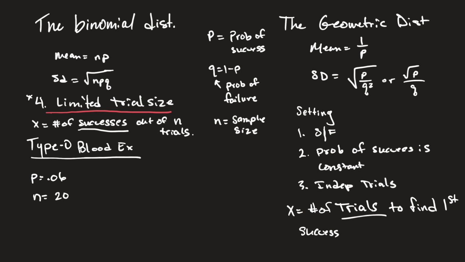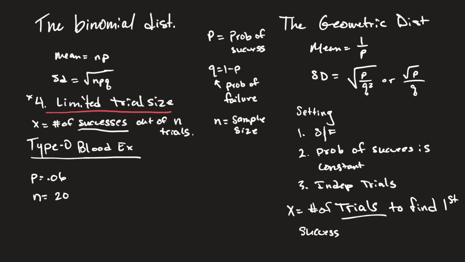In this example, it asks us a few questions. Number one, it says that the probability of having type O blood is 6%. And in this scenario, you had 20 people walk into a blood donor clinic, and they were going to donate blood. For a binomial setting, you could ask a question like this: what is the expected number of people out of 20 you would expect to have type O negative blood?